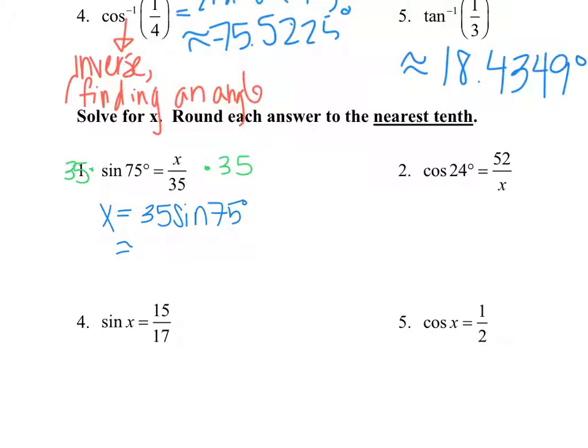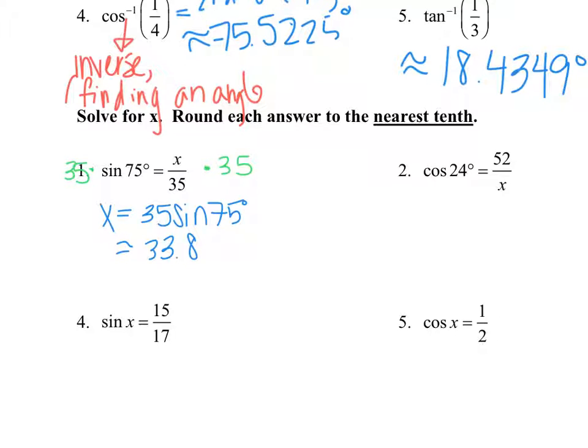Just plug that into your calculator, and we should get approximately 33.8. We're not finding an angle here, so you do not need your degree symbols. Notice that the x is part of the ratio, not the angle.